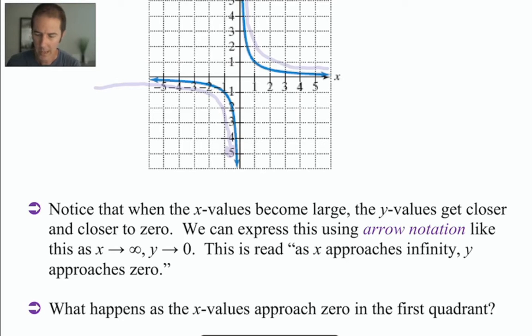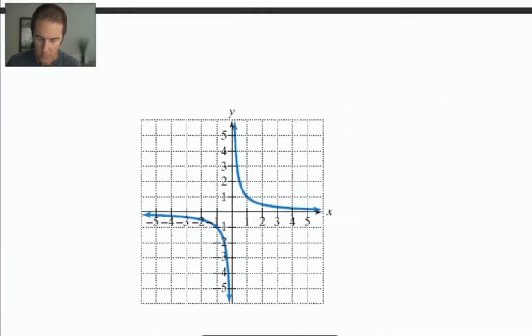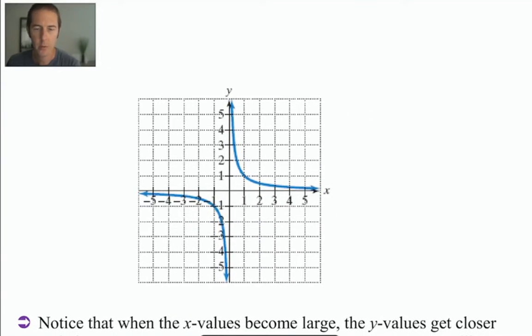It also happens that, on this graph, as we move out toward an x value of positive infinity, our y values get lower and lower, closer and closer to the x-axis. It looks like, as we go off to the right, our curve is trying to land on the x-axis, but it's never going to.